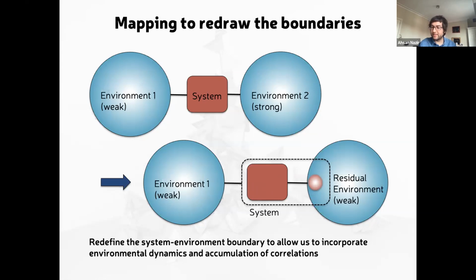And what that means is then we capture non-additive effects between the two environments, between the weakly coupled environment and the strongly coupled environment in their influence on the system. So this mapping will allow us to naturally incorporate the non-additivity, and it also allows us to incorporate to a certain level environmental dynamics and the accumulation of correlations between the system and the strongly coupled environment.